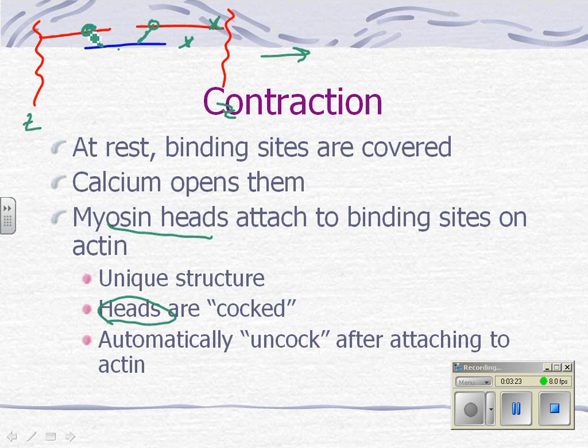Okay? They hook on, and then what they're going to do is they're each going to pull in this direction. This one is going to pull this way, this one's going to pull that way, and what will end up happening is that will come that way, and that will come that way. So they're kind of in loaded position, and then they're going to pull in that direction.